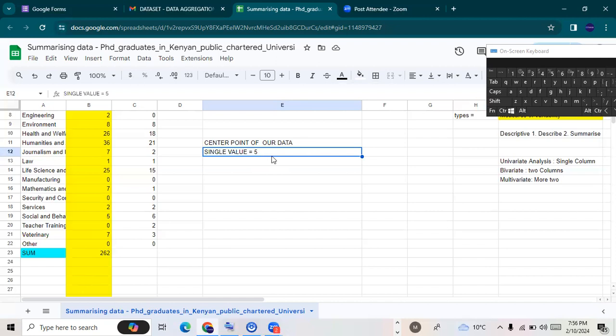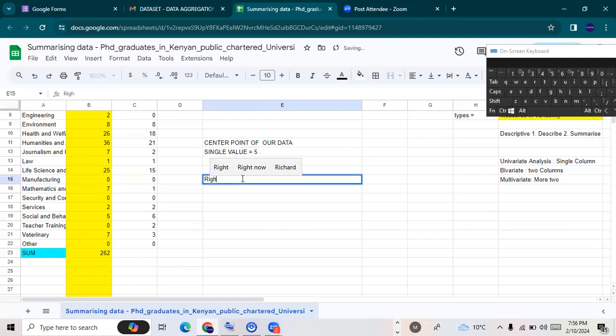After this point is identified, we look at what is happening at the left side of the center, and what is happening at the right side of the center.